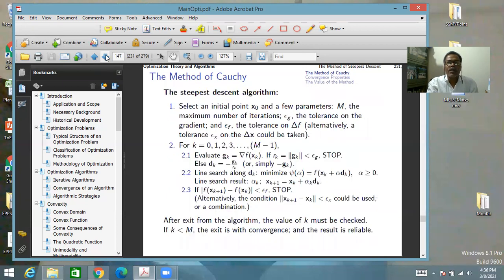Now the algorithm, which is very straightforward. You select an initial point and a few usual parameters: the maximum number of iterations, tolerance on the gradient norm, and tolerance on delta f in any iteration.